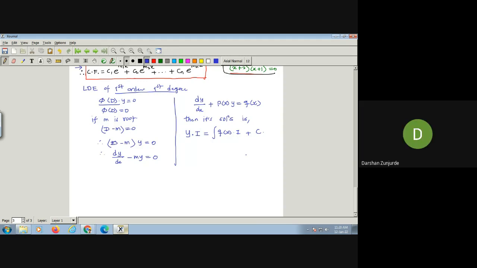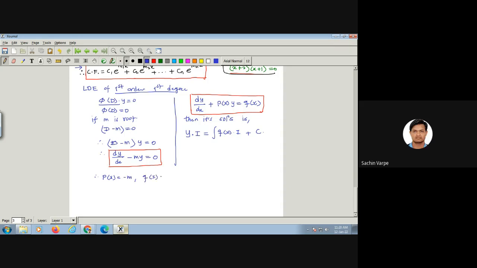So if we compare this standard form with this, what are the values of P and Q and I? What is P there? P of x is minus m.